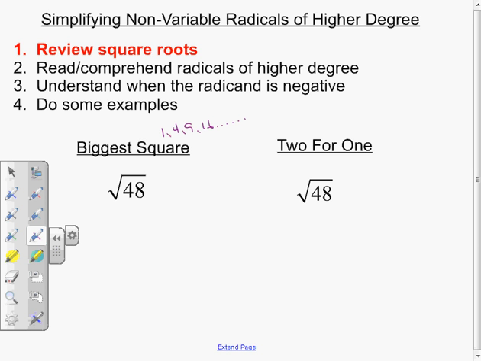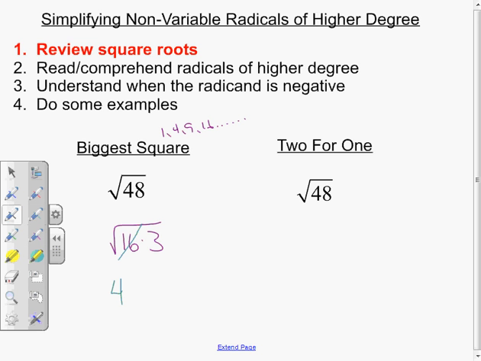And it relies on asking the question, when you're going to simplify something like the square root of 48, what is the biggest perfect square factor of 48? And with a little bit of number sense, I realize that it's 16, so I rewrite this as the square root of 16 times 3. And then simplifying from there, I realize that I can simplify the square root of 16 and get 4.